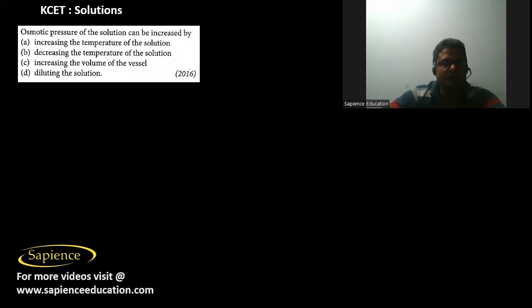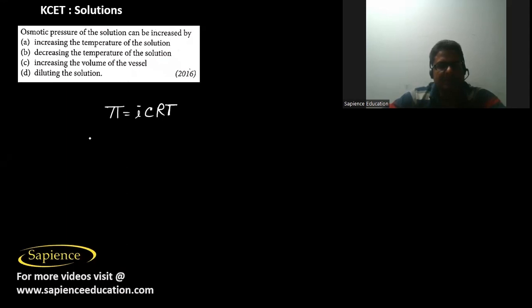Then here it is told that osmotic pressure of the solution can be increased by increasing the temperature of the solution. As we know, osmotic pressure pi equals iCRT, where T is the absolute temperature of the solution, R is the ideal gas constant, C is the molar concentration of the solution, and i is the Van 't Hoff factor.